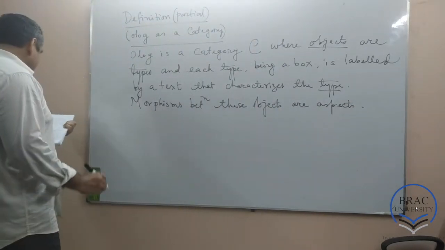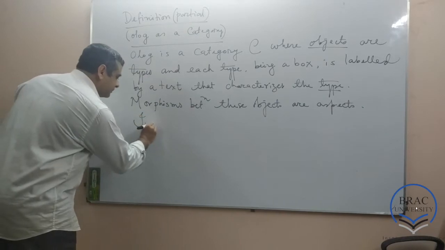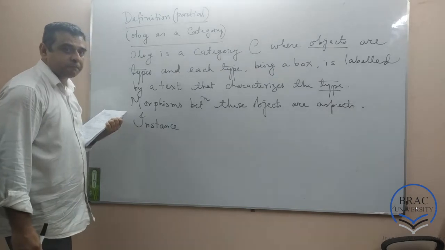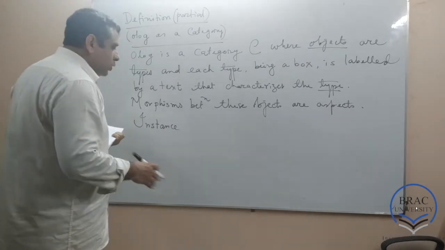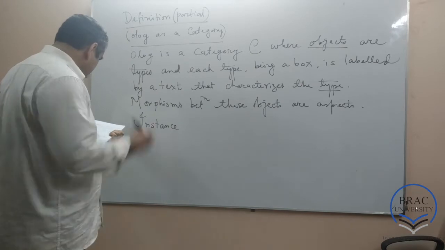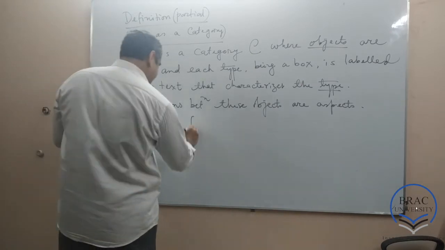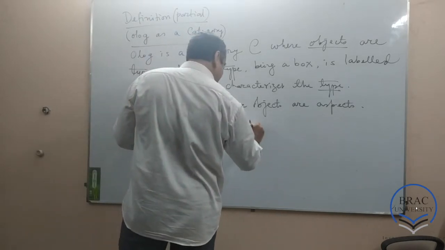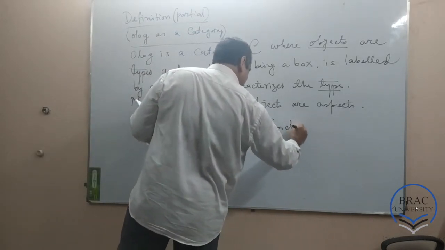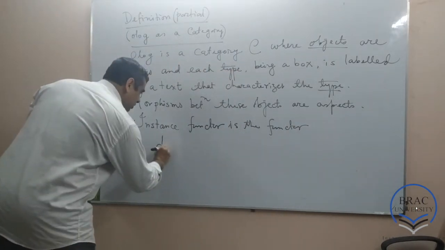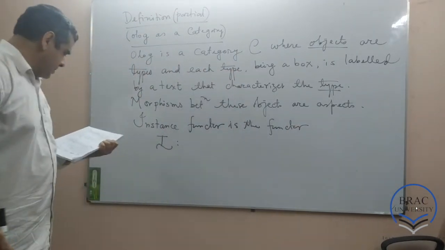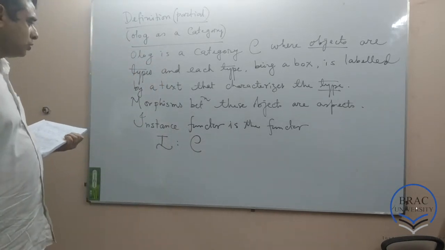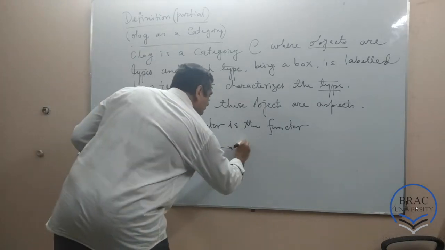Okay. So instance functor, as we all know, a functor goes from one category to another category. Here, the instance functor is a functor from the abstract category of Olog to the category of sets.